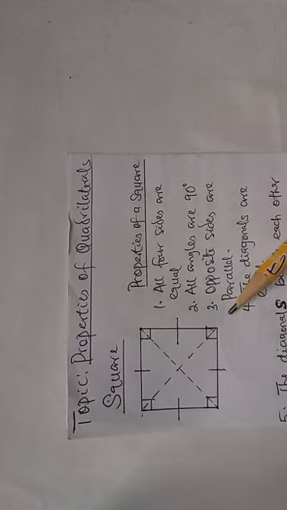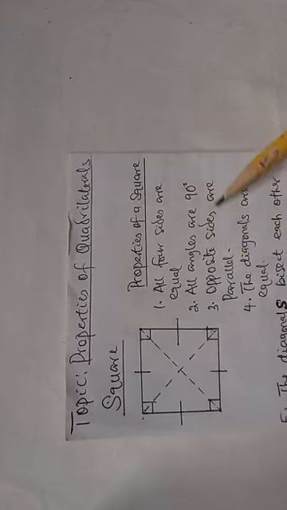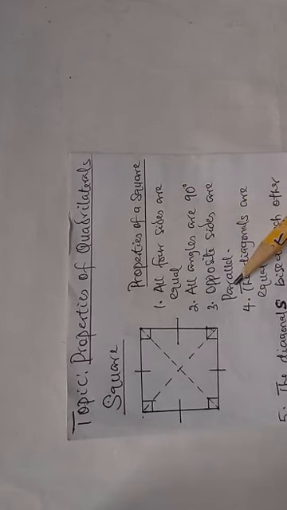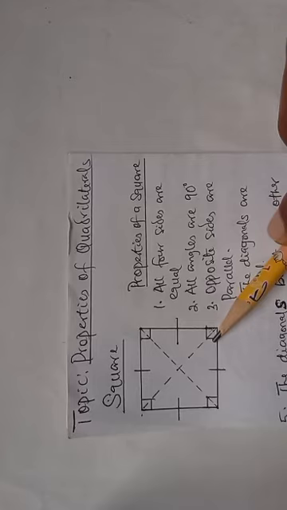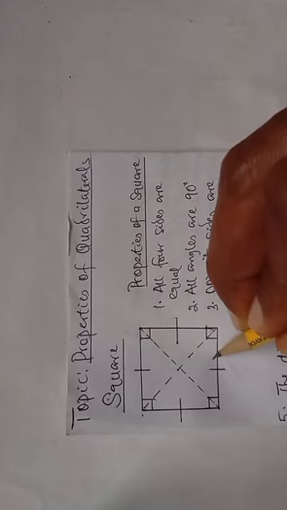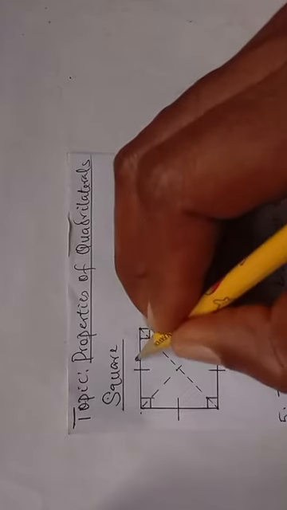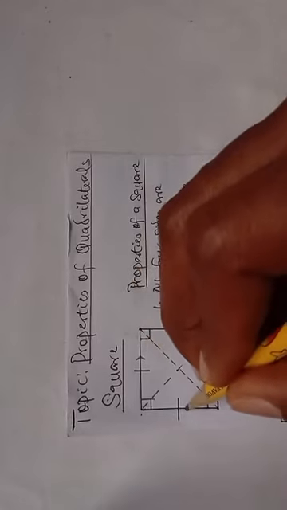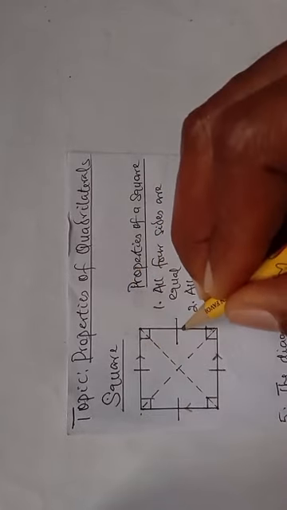Three, the properties say opposite sides are parallel. Opposite side here is opposite to this place. Likewise here and here. In other words, here is parallel to here. Likewise here is parallel to this side.